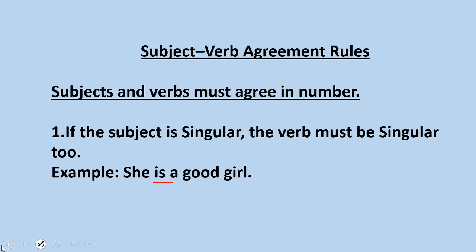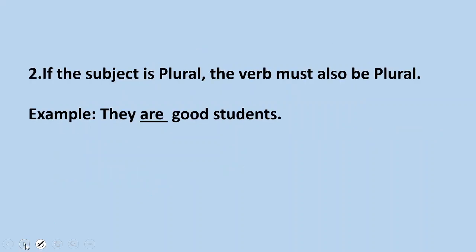Now the next rule, if the subject is plural, the verb must also be plural. They are good students. They is a plural subject, so the verb is also plural. But it does not happen every time. There are certain rules also which we will see as we move forward.